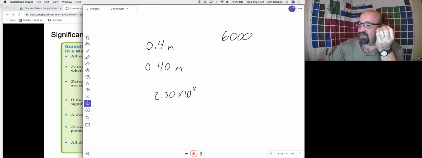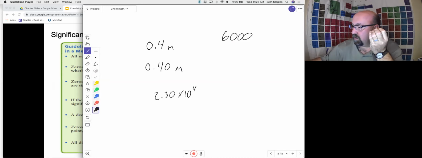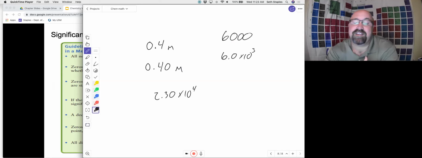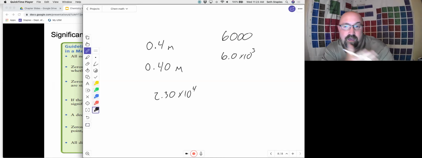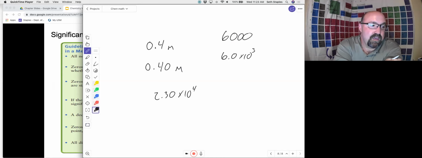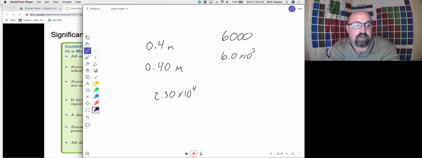If we convert this to scientific notation and include that 0, now that tells us that 0 is significant. And so it helps show us the accuracy of our measuring device using significant digits, and scientific notation can help with that.